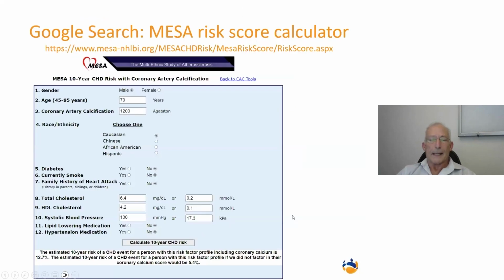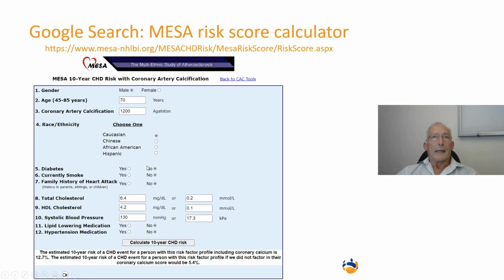This shows you the MESA calculator, which is online at this website. And the difference here is this is American data, so it doesn't deal with specifics, like, for example, it has here the African American and Hispanic nationalities. It's not as specific as for the Australian demographics.